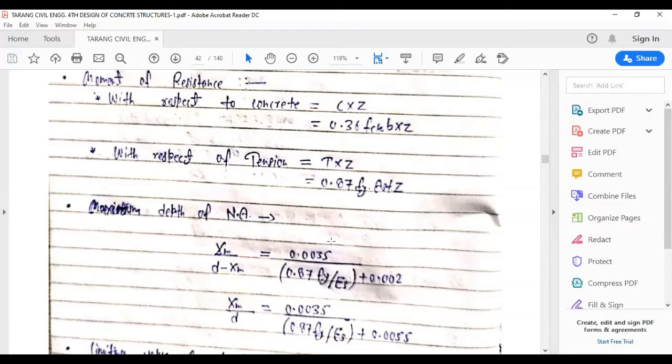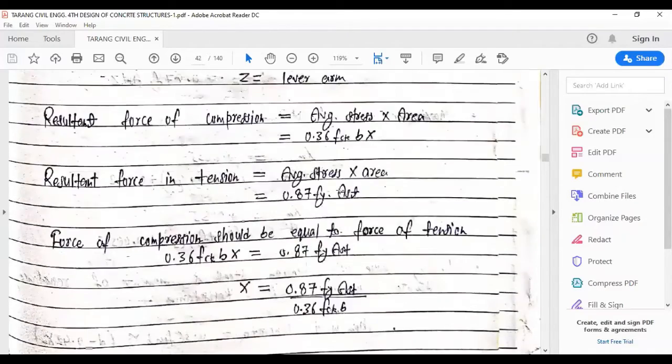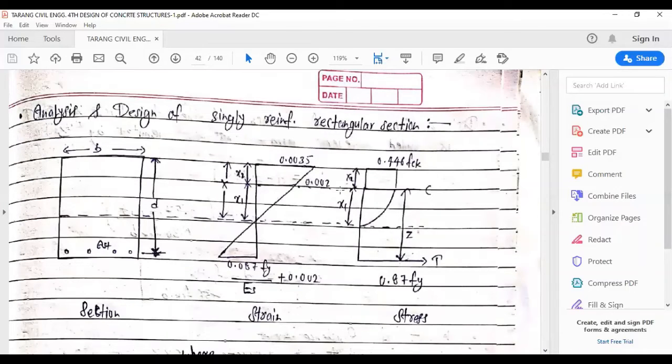So it is given by using the properties of similar triangle. Xn upon d minus xm, which you can see here. So this whole is xm and this is d minus xm.